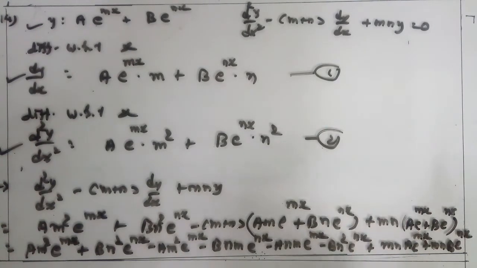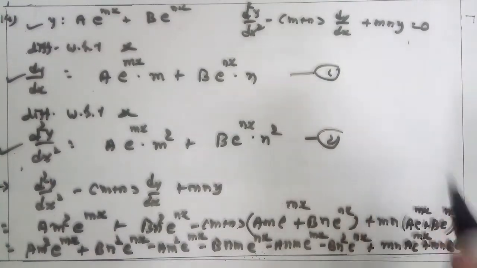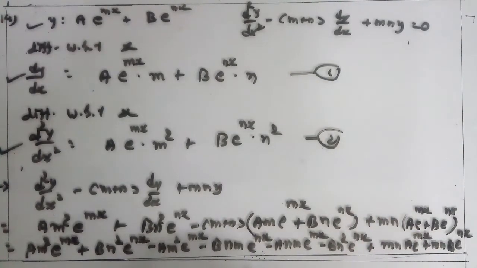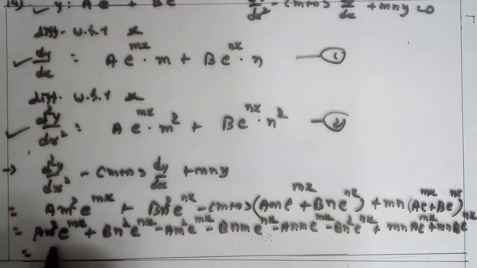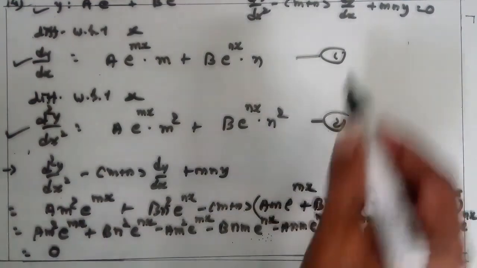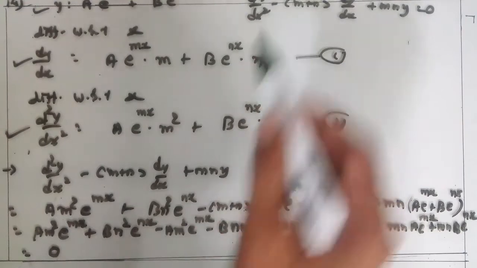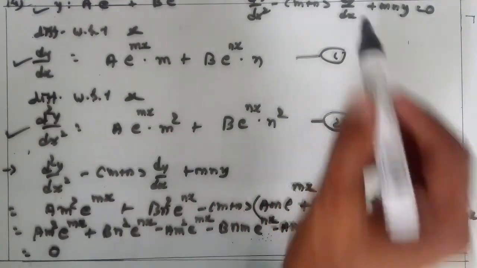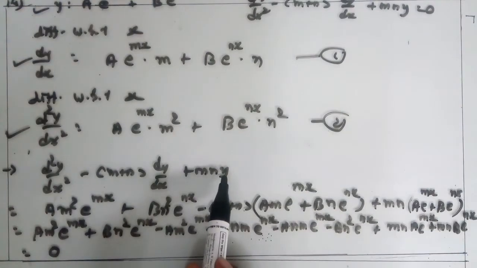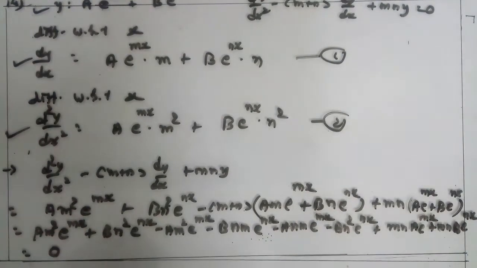Similarly, all terms cancel, so this side is equal to 0. Clear? So d square y dx square minus m plus n dy dx plus mn y is equal to 0. Clear?